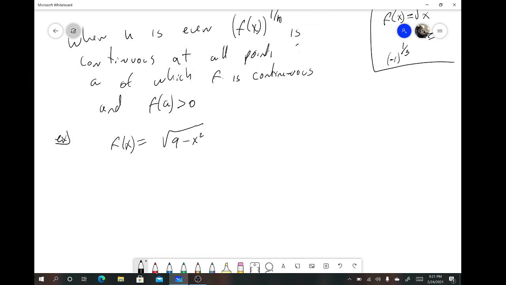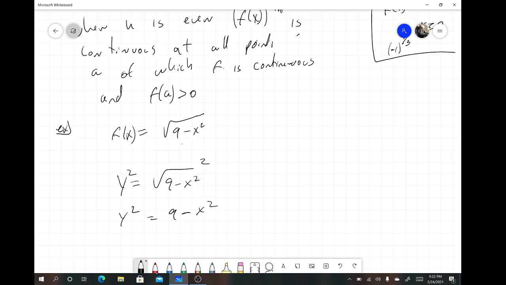So now, if we notice, if we try to graph this, this is the same thing as y equals square root of 9 minus x squared. And if you wanted to solve this, one way of noticing what's going on is to square both sides. That will get rid of the square root, so you'll be left with 9 minus x squared.